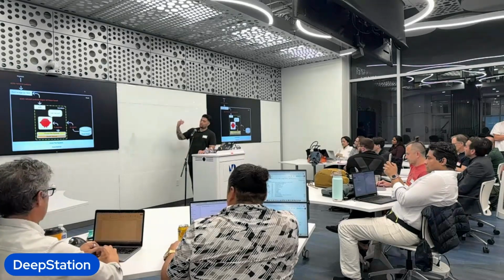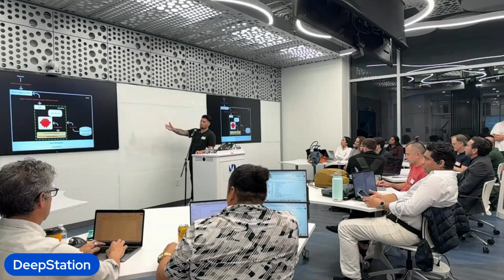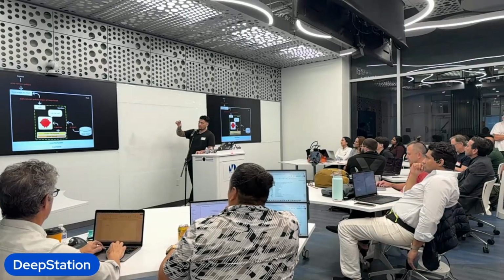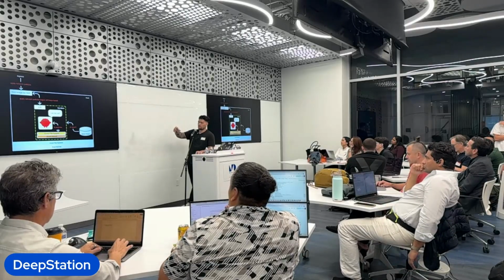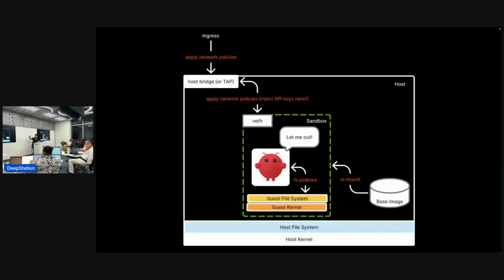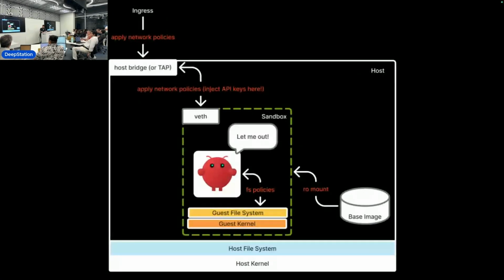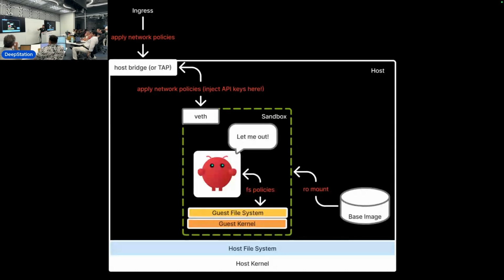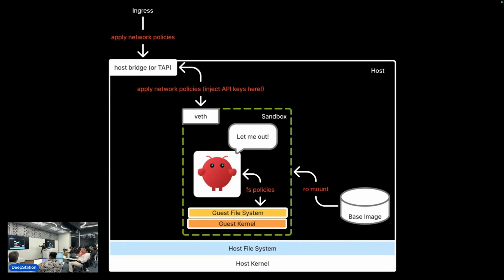1. So this is a reasonable way to deploy OpenClaw, right? What you typically want to do is deploy the agent inside of a sandbox. If you have defense in depth, your sandbox has its own guest kernel and a guest file system. Anywhere you see red is where something could go wrong and where you probably want to apply some security policy.